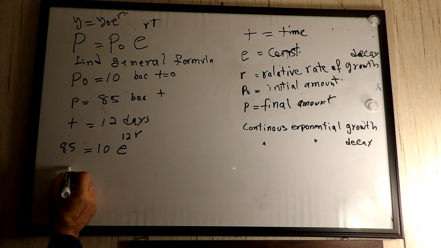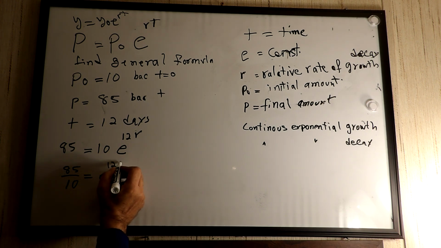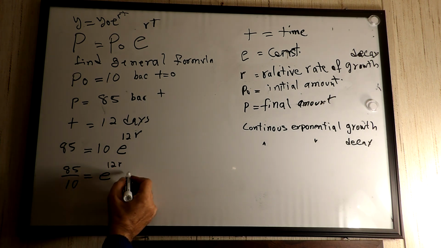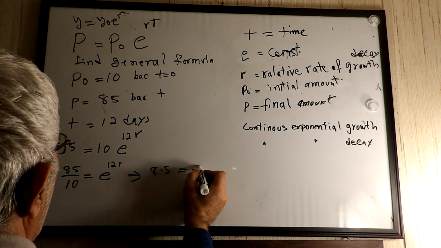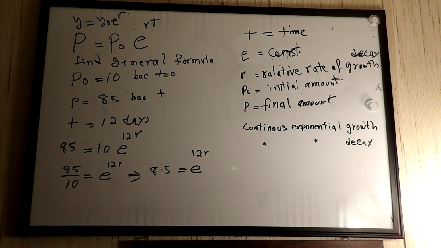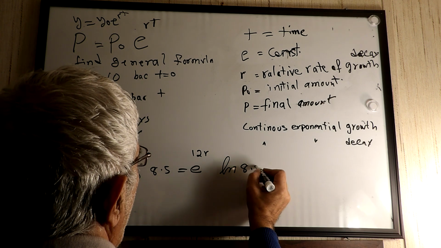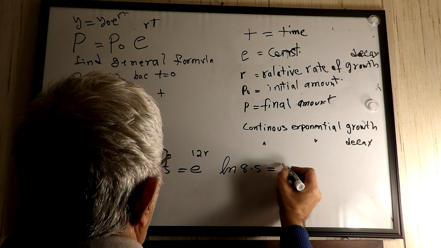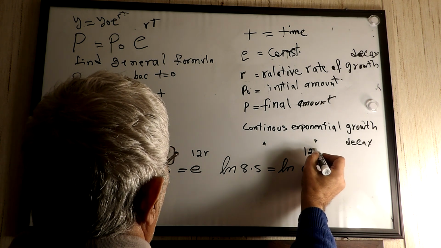So 85 divided by 10 is equal to e to the power of 12r. That is going to be 8.5 equals e to the 12r. If we take the natural log of both sides in order to find r, we say ln 8.5 is equal to ln e^(12r).